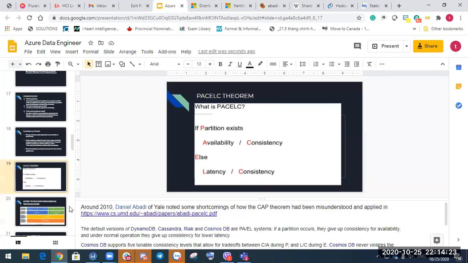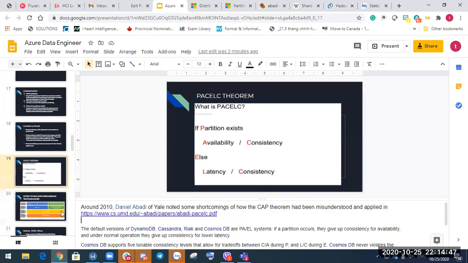I understand this theorem seems like it doesn't make sense when you first start, but once you see the Azure white paper, which is the main source that we will use for this class, you will start to understand why I highlight what the system will go for if a partition exists, which is the default design.